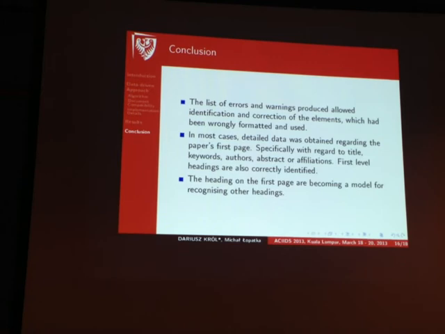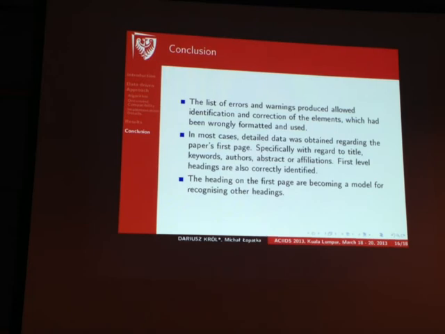Not only saying that you use the wrong font, you use the wrong style, you use the wrong size. It should be written where the wrong font is used, where the wrong style is used.